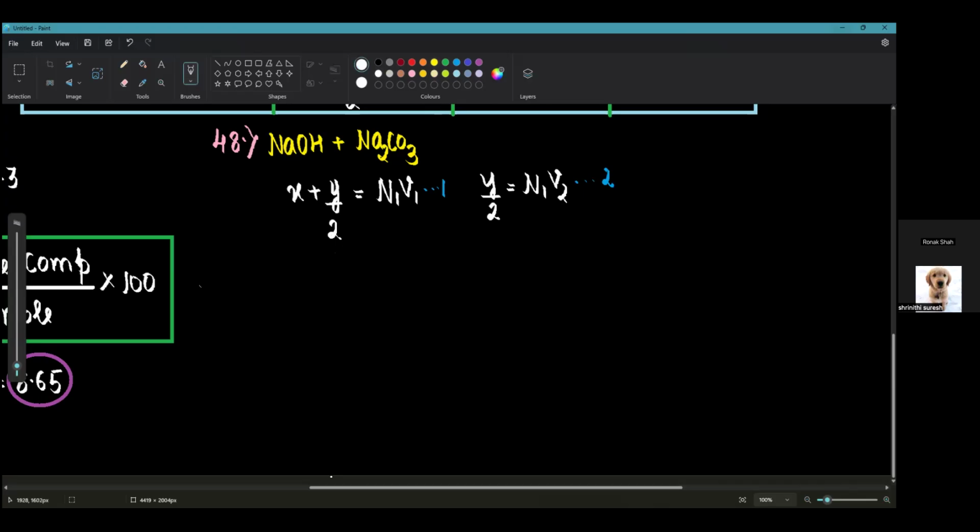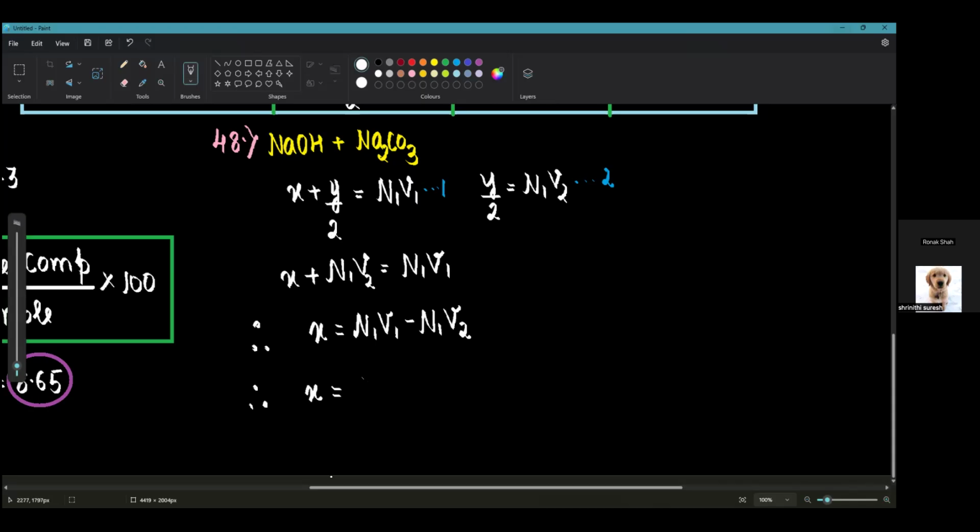Now if you substitute equation 2 in equation 1, you are going to get x plus N1V2, equal to N1V1. So if you look carefully, the value of x will be N1V1 minus N1V2. Normality is the same, so x will be equal to N1 into V1 minus V2.